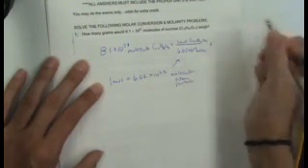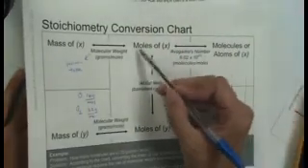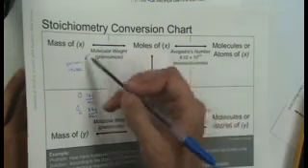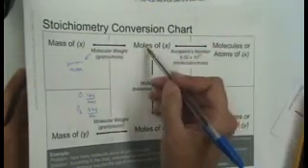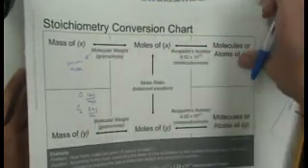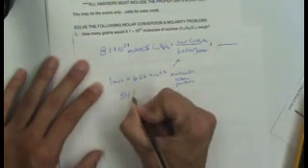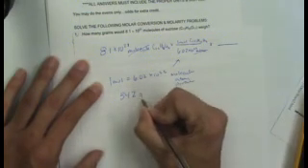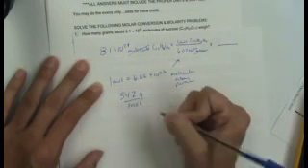Okay, so the next step. So now what you notice is your molecules, they're going to cancel out. So now we're at moles. We're at this step here. So now if we stopped our conversion factor here, we would be at moles. We need to take it one more step. And so how do we go from moles of a compound to mass? We know, based on what we calculated earlier, that we have 342 grams for every 1 mole of sucrose.